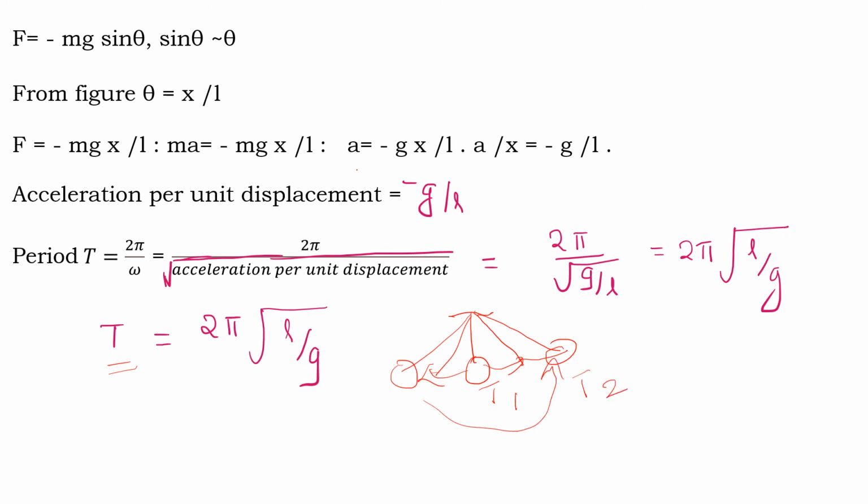But these two pendulums have the same length, then T1 will be equal to T2, because the period depends on the length only. It does not depend on the number of oscillations. That is, if the two bodies have the same mass or different mass but the same length, but have different amplitudes of oscillation, then the time period will be the same. That is the equation T is equal to 2 pi into root of L by g.